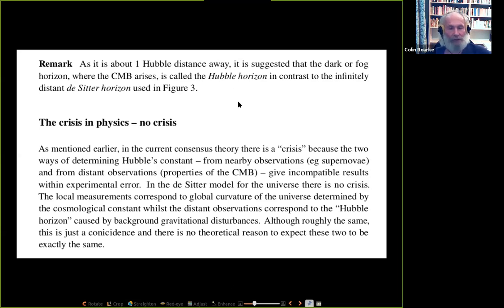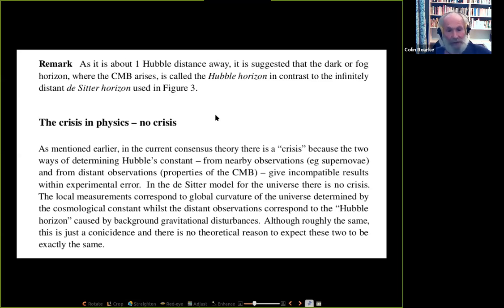Okay, so the crisis of physics is now easily explained. The two ways of determining Hubble's constant, from nearby observations, e.g. supernovae, and from distant observations, properties of the CMB, give results incompatible within the experimental error. In this model, there's no crisis. The local measurements correspond to global curvature of the universe, determined by the cosmological constant.